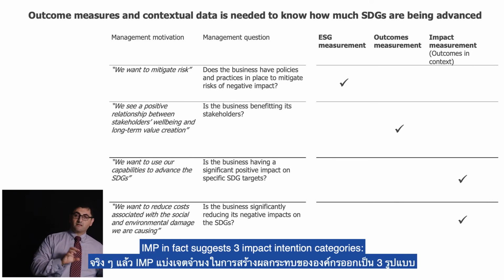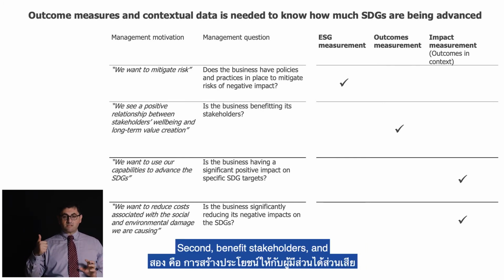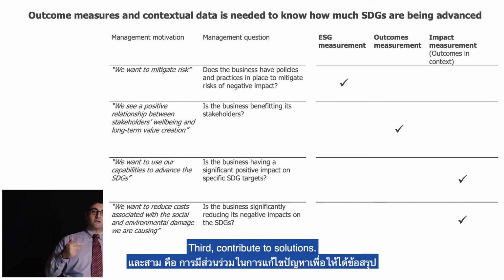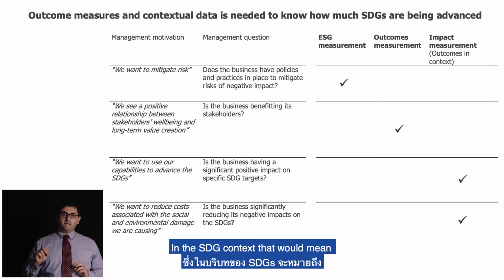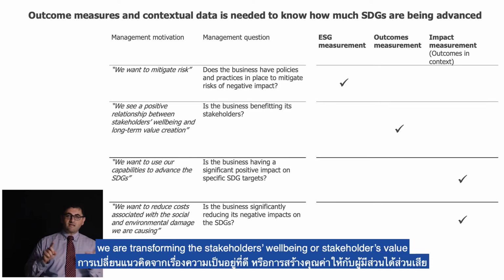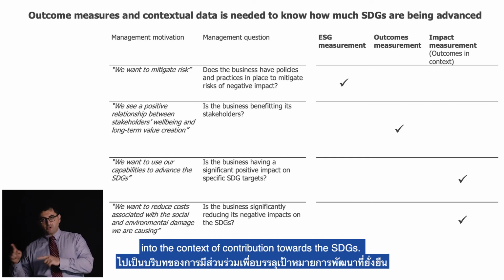IMP, in fact, suggests three impact intention categories. First, avoid harm. Second, benefit stakeholders. And third, contribute to solutions. In the SDG context, that would mean that we are transforming the stakeholders' well-being or stakeholders' value into contribution towards the SDGs.